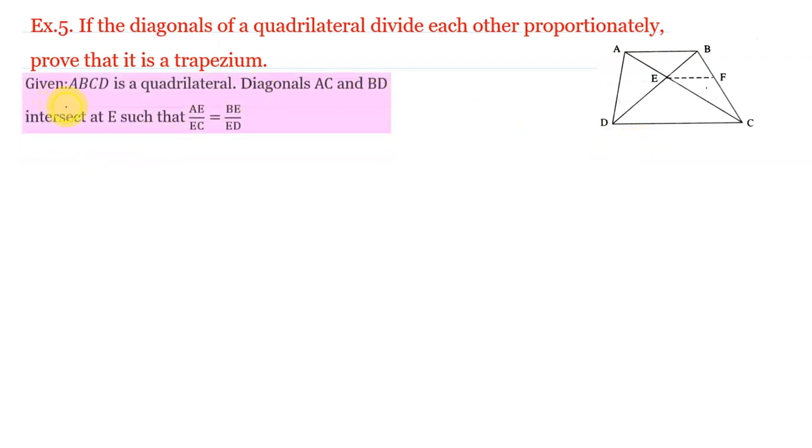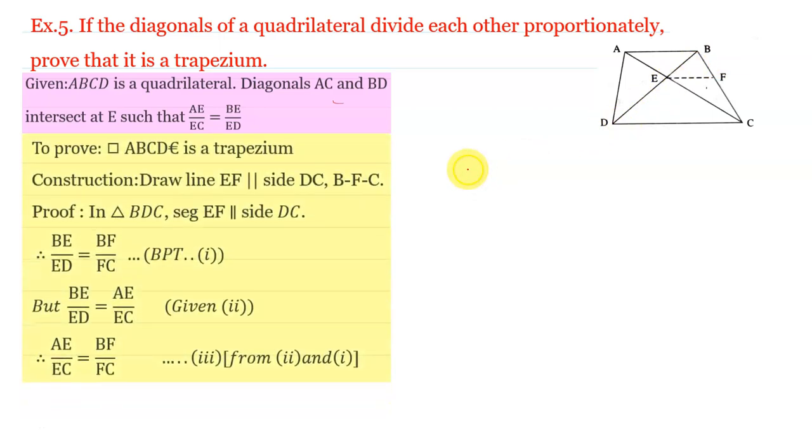Now given: ABCD is a quadrilateral, diagonals AC and BD intersect each other at the point E. AE upon EC is equal to BE upon DE. Okay, this is what we have given. Now to prove that ABCD is a trapezium.